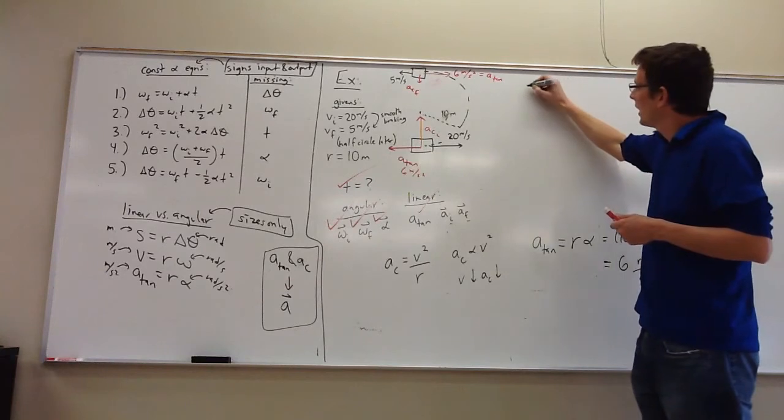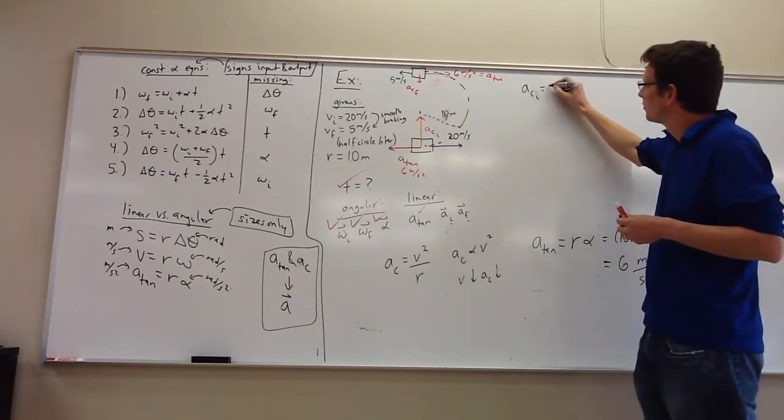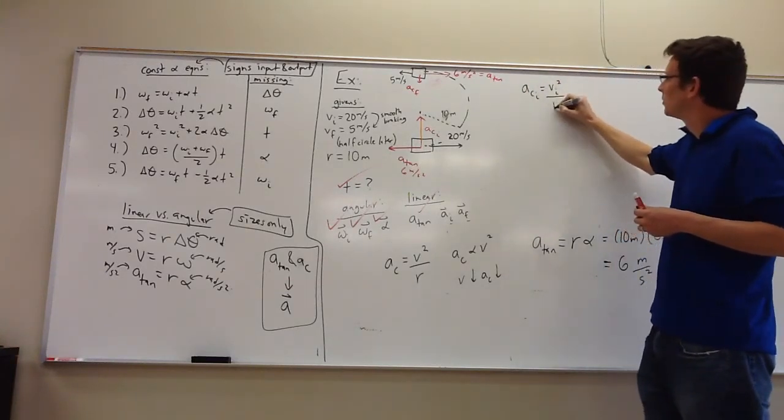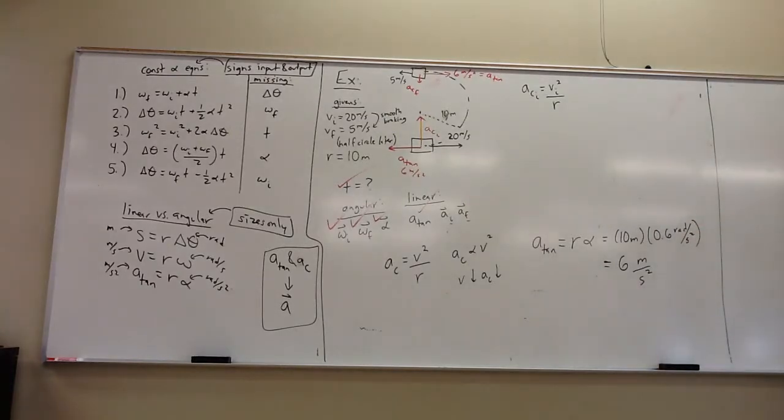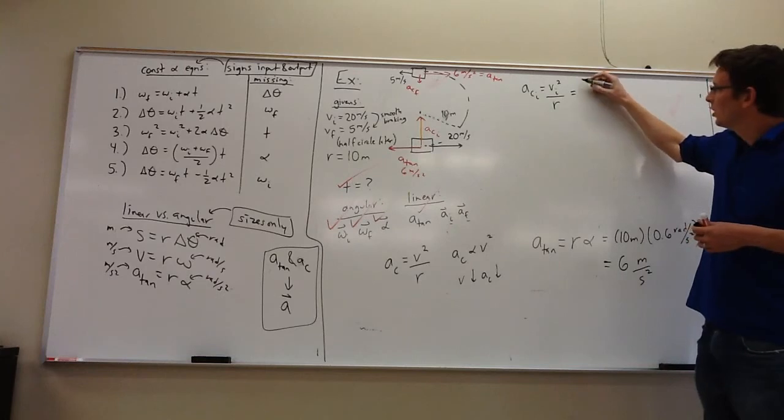So let's work out a centripetal initial. That's going to be v initial squared over R. Now, in full disclosure, I should tell you that sometimes people express this formula not in terms of v but in terms of omega. So I can plug that in here as well, show you what that looks like.